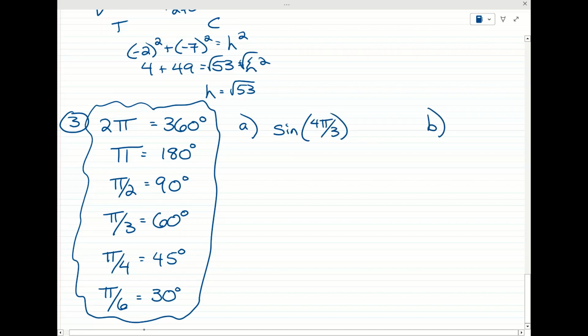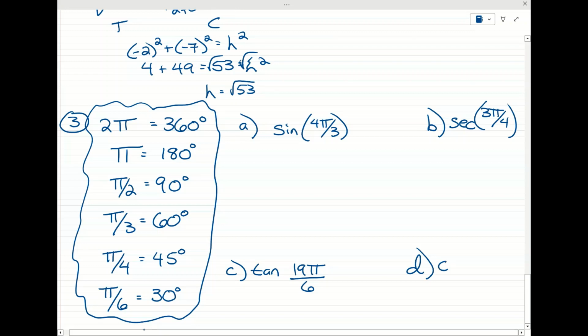Second problem is going to ask you to find the secant of 3 pi over 4. Third problem is going to ask you to find the tangent of 19 pi over 6. Fourth problem will find the cotangent of 7 pi over 4.